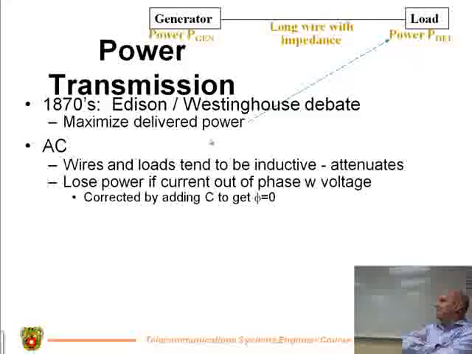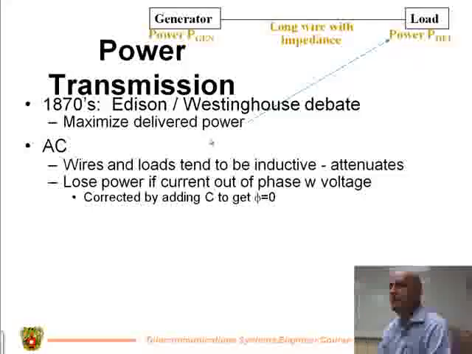Number one, we can use AC, which means that wires and the loads tend to be inductive. When they're inductive, what happens? What's the impedance of an inductor? J omega L, right? So as the frequency goes up, impedance goes up for an inductor.